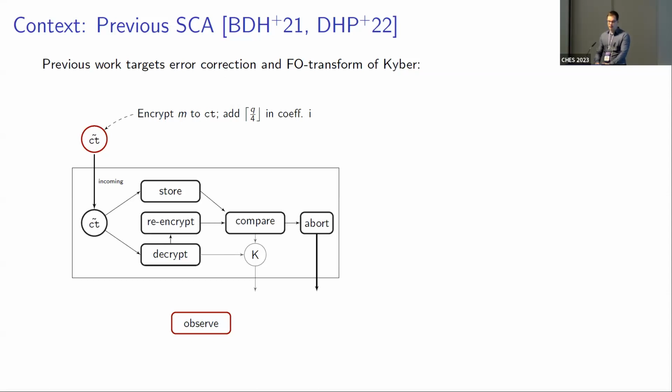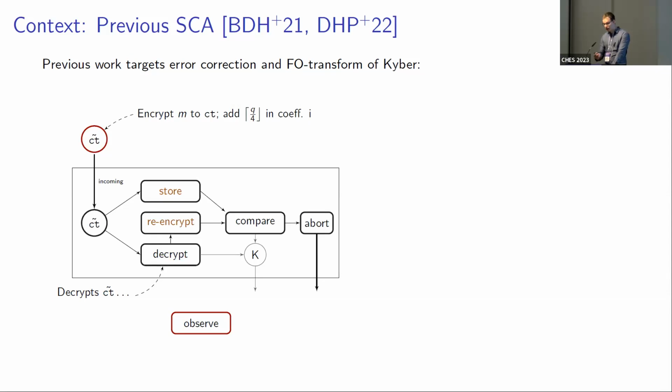That means, again, those attacks encrypt the message to a ciphertext, then add a small error to one coefficient, submit the ciphertext to the device. The device stores this, decrypts the ciphertext. This potentially outputs a different message now. And whether a different message is outputted really depends on the secret key, on the error term, and this in turn depends on the secret key.